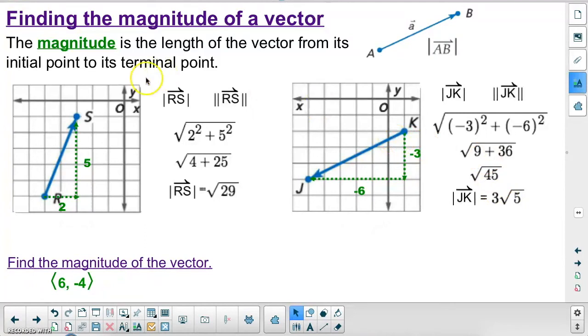Notice each time what we're really using is the change in x's and the change in y's. The change in x and the change in y is what was plugged in to Pythagorean theorem. Therefore, we really can just use the component form to find the magnitude.